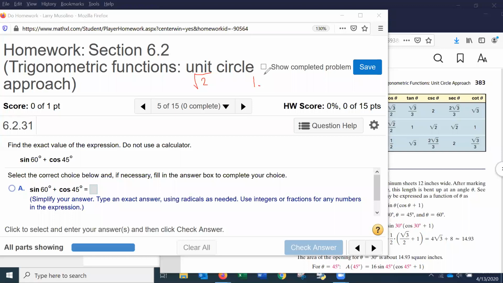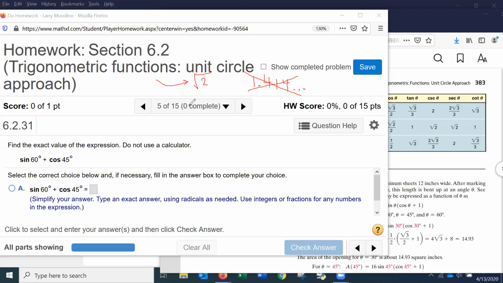I would not use the decimal approximation of 1.414. If you were to work out the square root of 2 on your calculator, you would get 1.414, but this is an approximation because this decimal continues on, so we don't want that. We want to leave an answer using square roots if needed to get an exact value.